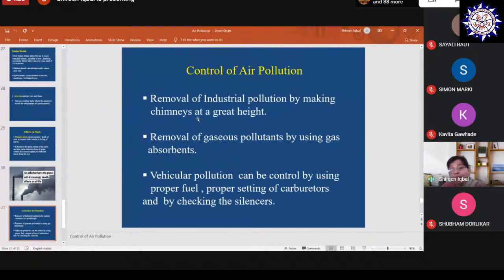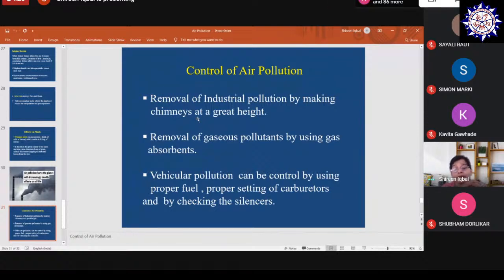So the chimney's height should be very high so that the smoke will not come on earth and will not destroy the living creatures. तो वो क्या होगा, हाइट अगर चिमनी की ज्यादा होगी, तो जो स्मोक है वो वहीं के वहीं एटमॉस्फेयर के अंदर ही रहेगा. So the chimneys should be at great height.